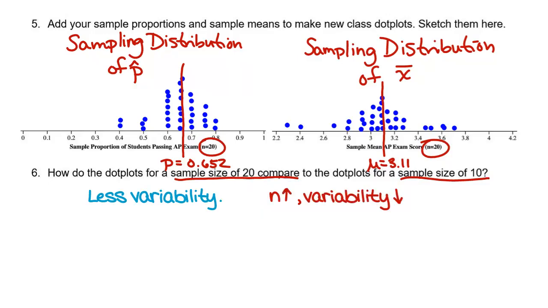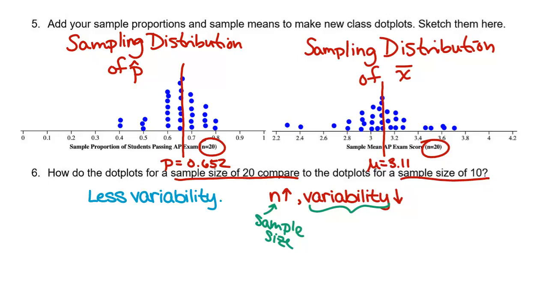Big takeaway that I want for you guys today. As n goes up, variability goes down. What is n? Sample size. What do I mean by variability? Standard deviation, or it could be variance, or it could be IQR, or range. We're talking about spread here. When I say variability, I'm talking spread.